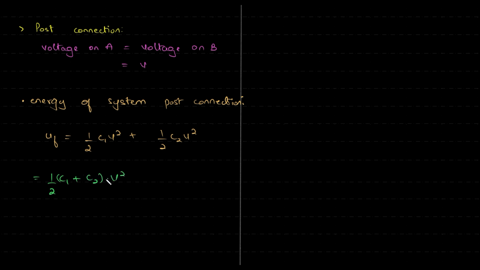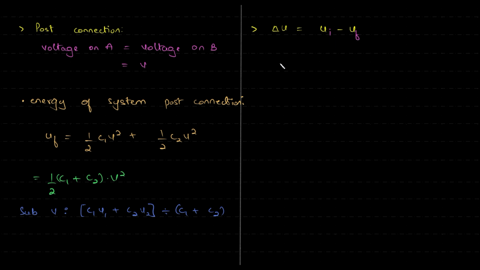Taking V square and half common, we substitute V, as we know, as C1 V1 plus C2 V2, this entire expression divided by C1 plus C2. Then the difference in energy is initial minus final, because initially the energy is more than the final one.